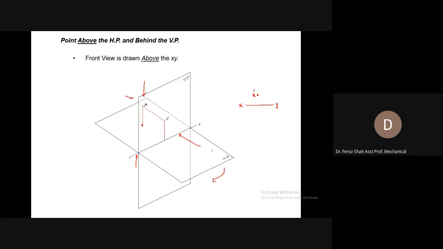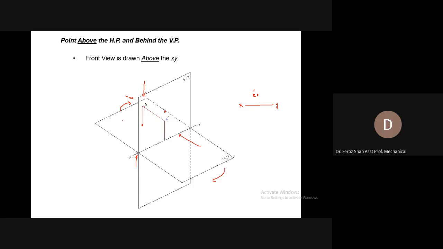So this quadrant would merge below the XY reference line and this one would merge with the vertical plane above the XY reference line. So the top view would be coming somewhere at the vertical plane at this position.